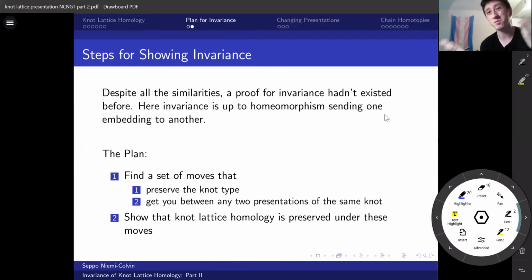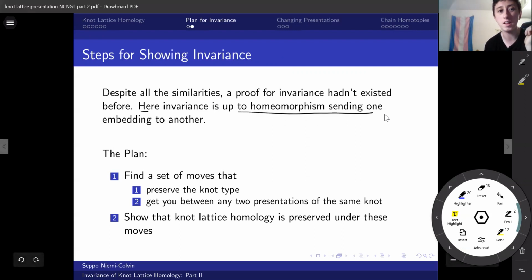This is usually one of the first things one checks with a new calculation based on a topological object, but it is so big that it is easy to get lost in the trees and not be able to see the forest that ties it all together, while having the benefit of being very explicit compared to knot Floer and Heegaard Floer. And I will state also that here invariance is up to homeomorphism, sending one embedding of S1 to the other.